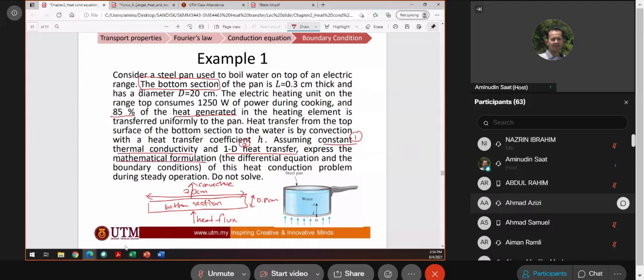Express the mathematical formulation, meaning you need to include the general heat conduction equation and the boundary condition. Do not solve the problem, meaning you don't need to do the integration. You just state the heat conduction equation and the boundary condition.